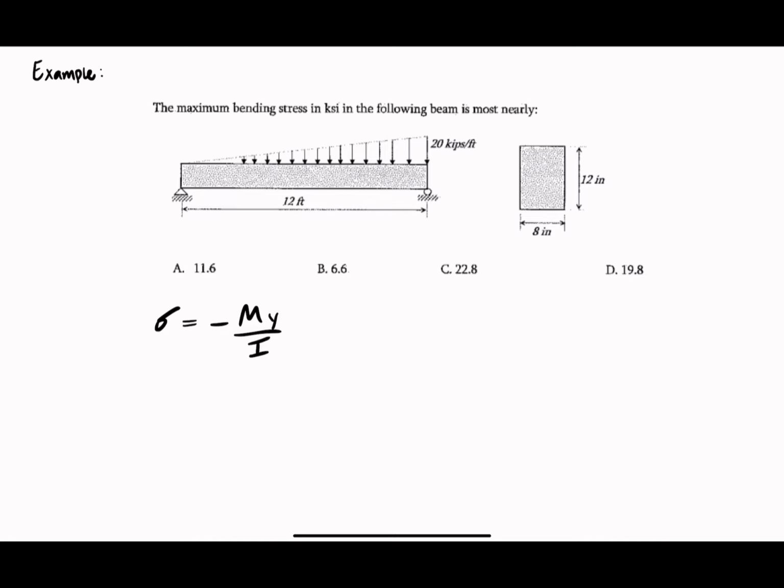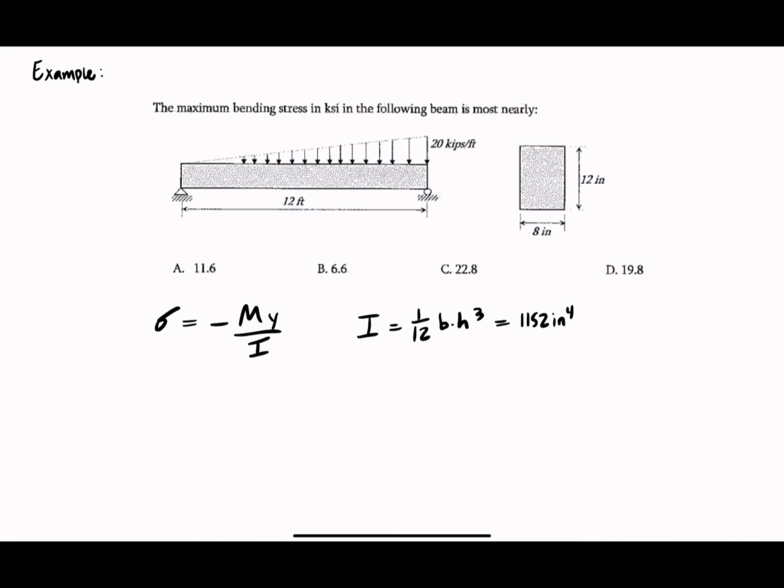So we know that for rectangles, we can just do 1 over 12 base times height cubed to find our moment of inertia. So let's just do that now. 1 over 12 base, which is 8 inches, height, which is 12 cubed. So that's 1152 inches to the fourth. So that will be our moment of inertia.